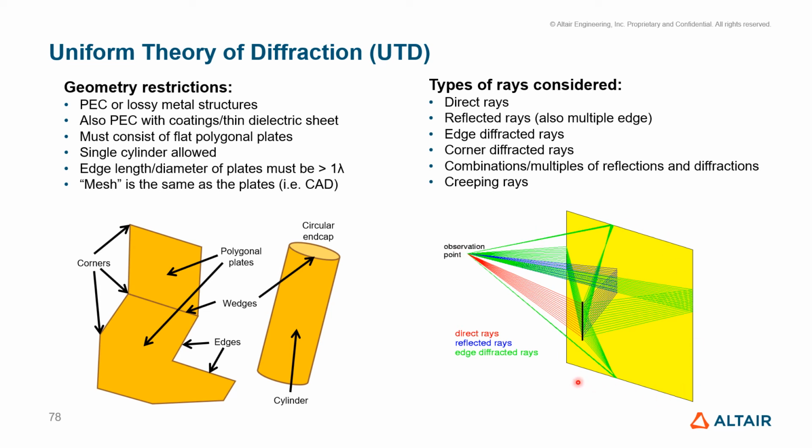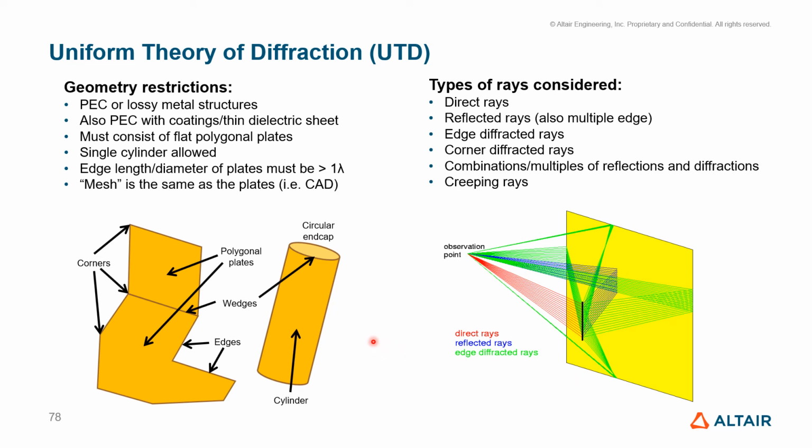Because it's ray based and also based on reflection and diffraction coefficients, which already include the frequency term, it doesn't matter how big this plate is. It could be 10 wavelengths by 10 wavelengths, or 100 wavelengths, or 1000 wavelengths. It's the same computational cost, memory and CPU time.